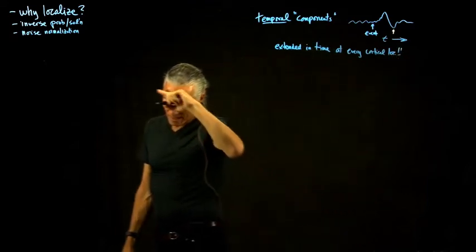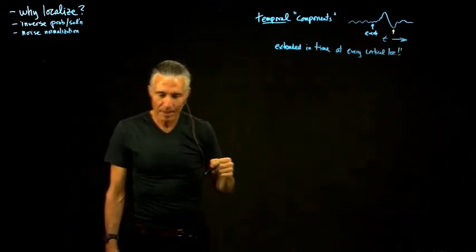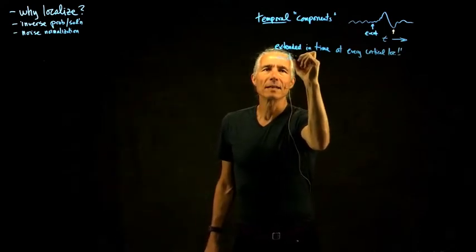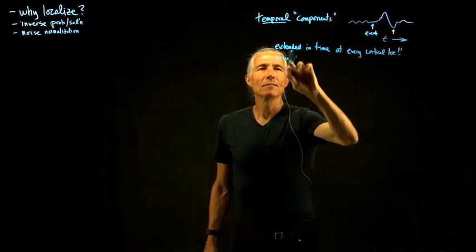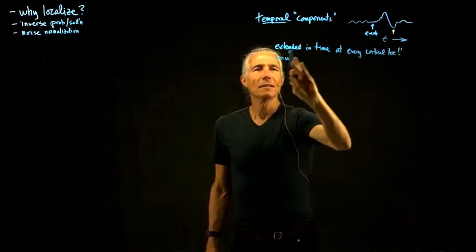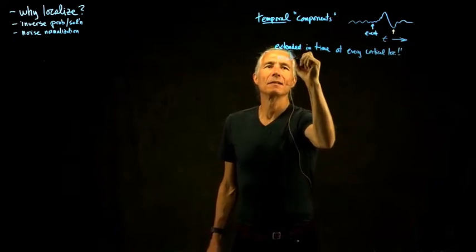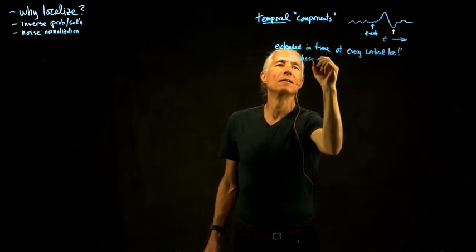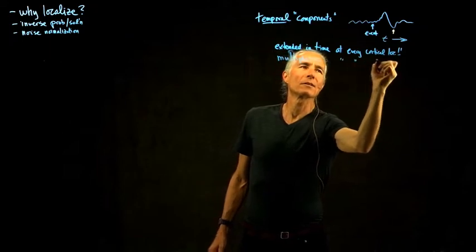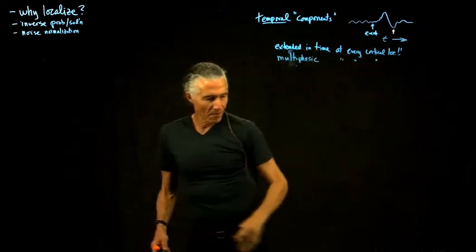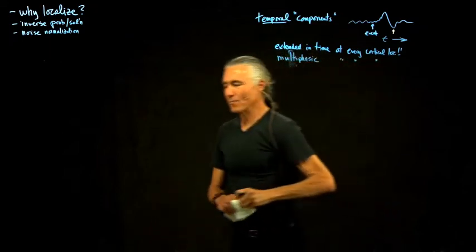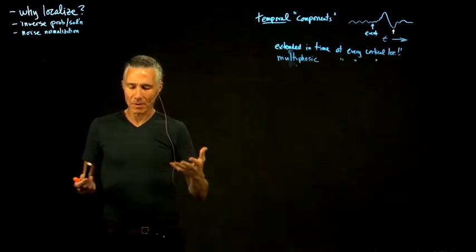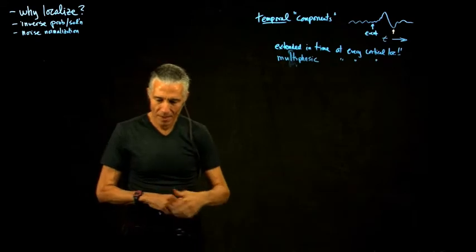It's also multiphasic, meaning that it goes positive and negative at every location. So you see an N1 in V1 and pretty much any cortical area you look at.